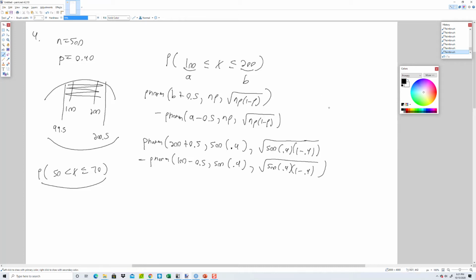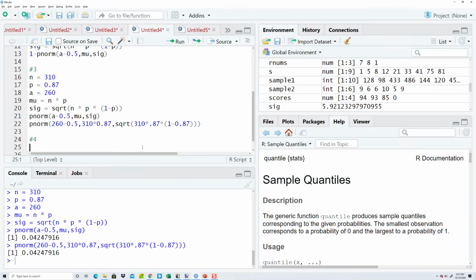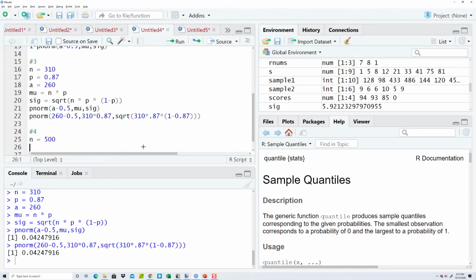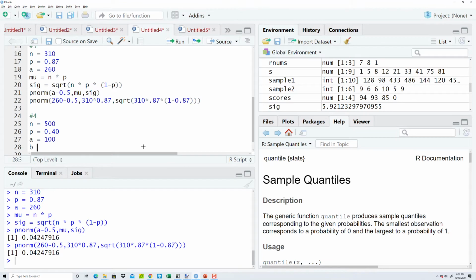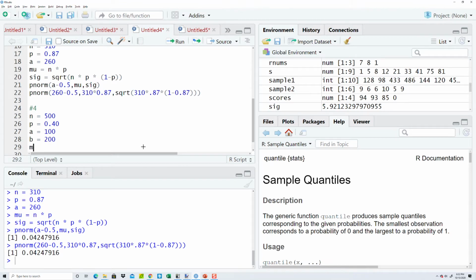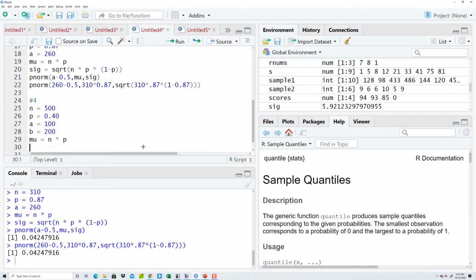Okay, so let's come over here and put this into R. First, I'll try to do it a little bit cleaner. N is 500. P is 0.40. A is 100. B is 200. Mu is still n times p. Sigma is equal to square root of n times p times 1 minus p.